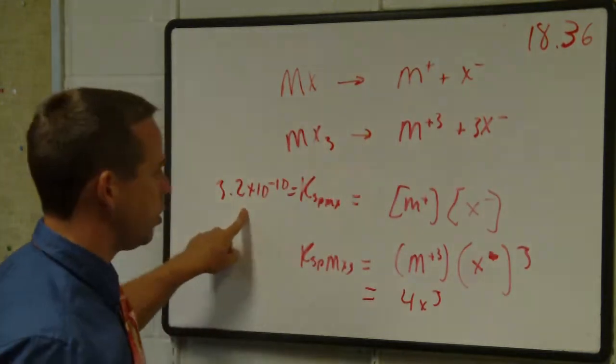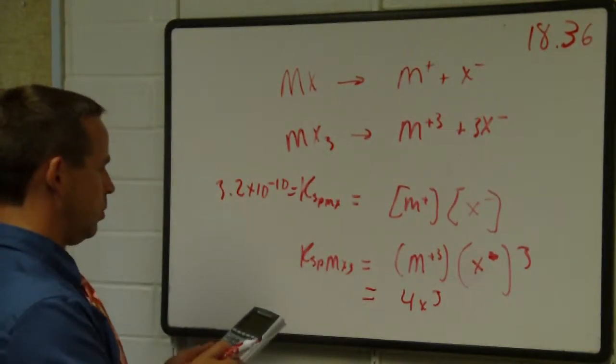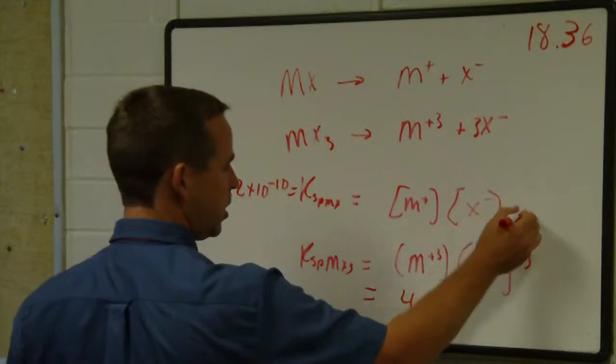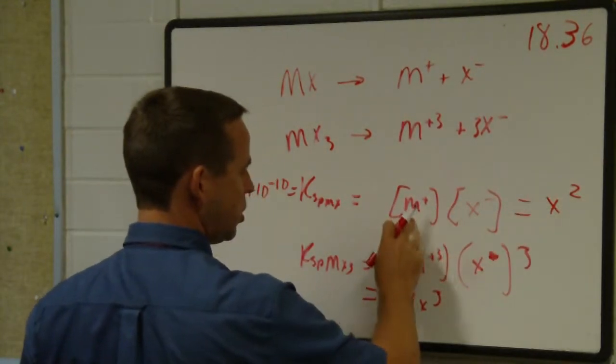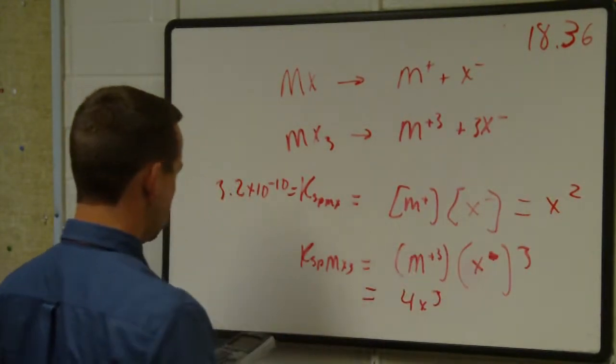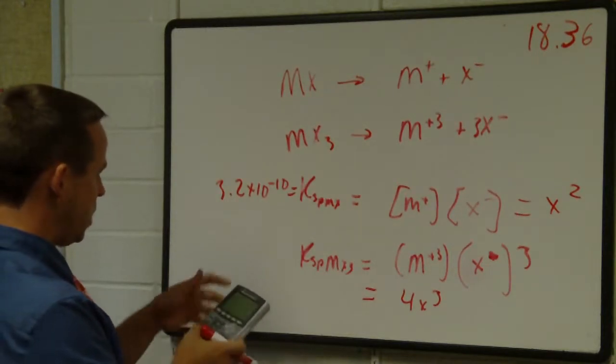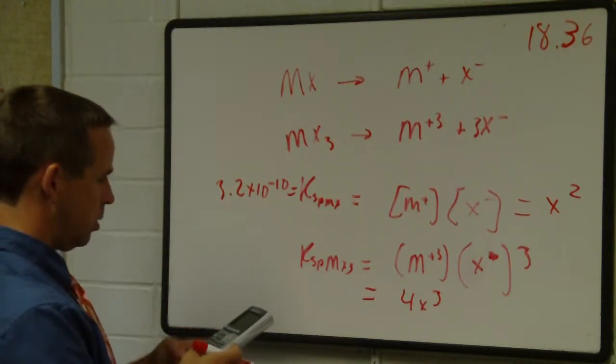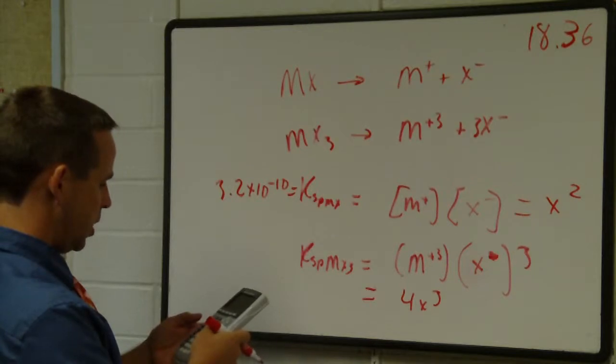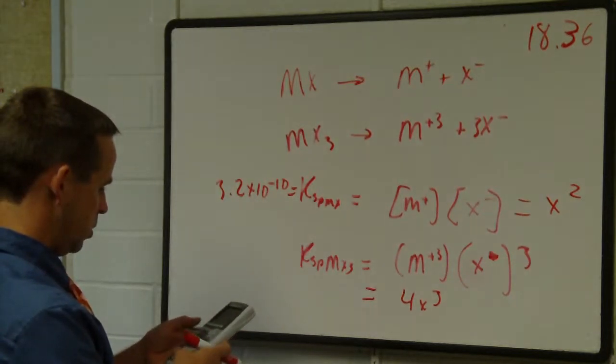So if we take the square root of this one to find x, because if we call these x, the concentration of this is equal to the concentration of that, so x squared. So 3.2 times 10 to the minus 10, and we take the square root of that value.